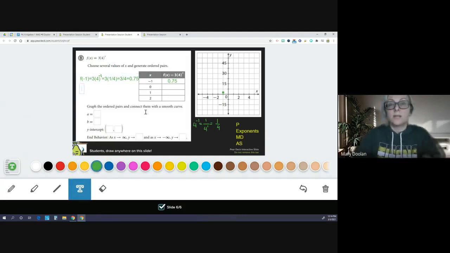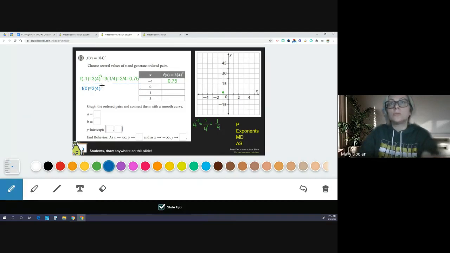This one's really easy, x equals 0, because that rule is always the same. f of 0 equals 3 times 4 to the 0 power. What's anything to the 0 power? It always equals the same number: 1.